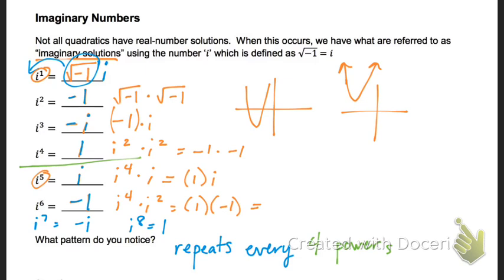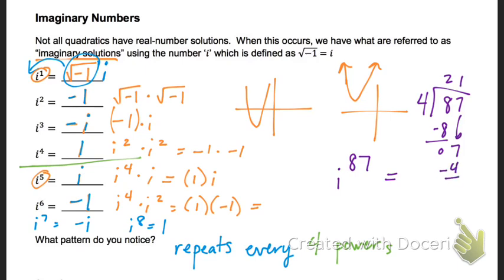And you'll definitely get a question like this: what is i to the 87th power? What I could do is divide 87 by 4. 4 goes into 87 twenty-one times, so it's remainder 3.